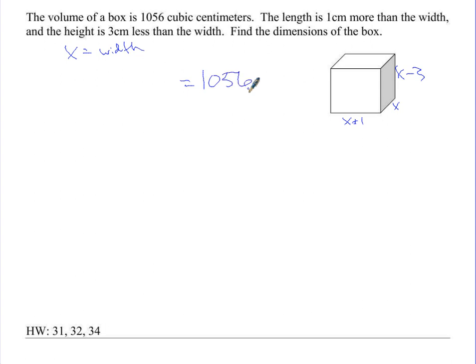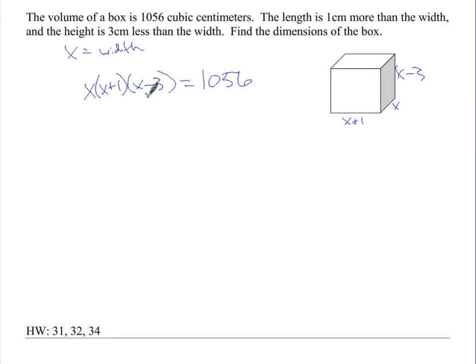So my equation is x times x plus 1 times x minus 3 equals 1056. Now what? The original point of this problem was for you to FOIL this out and distribute the x in and move the 1056 over and then use Descartes' rule of signs and the rational root theorem to come up with all the possibilities and then use all of that to come up with your answer.